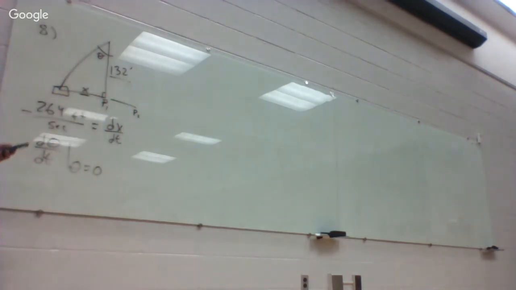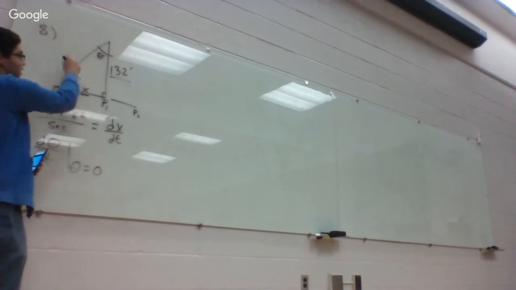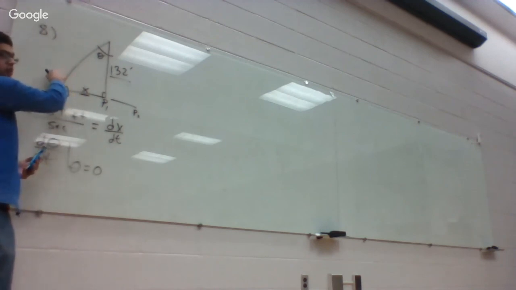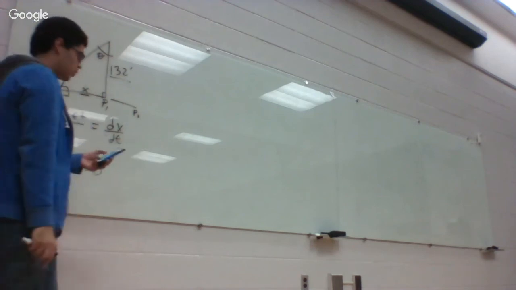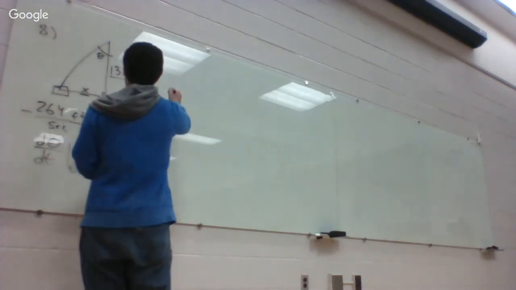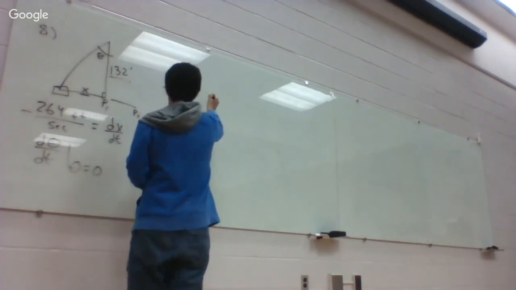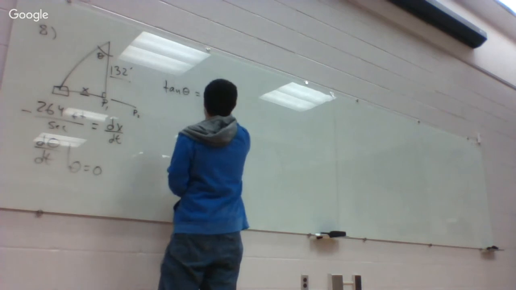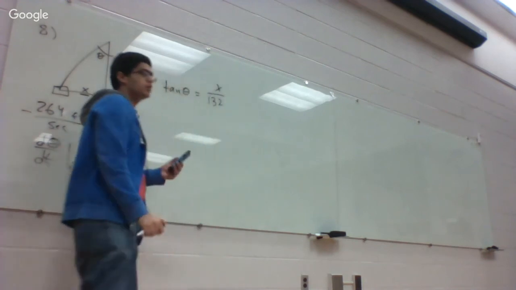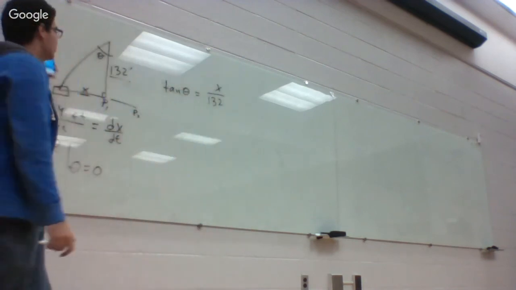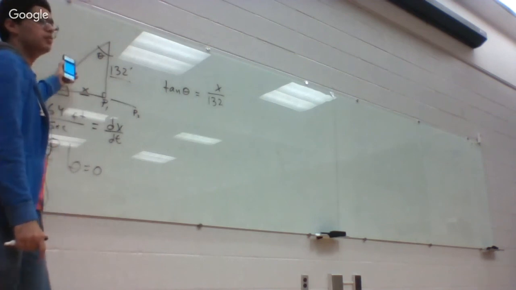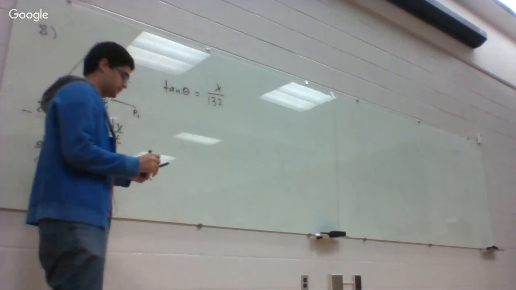You can find the hypotenuse, and you'll have a variable in it, but that would be stupid to do, because then the problem will be confusing. We already know tangent of theta relates those two quantities as x over 132. You could have done sine of theta using the hypotenuse, but that would just be way more work.